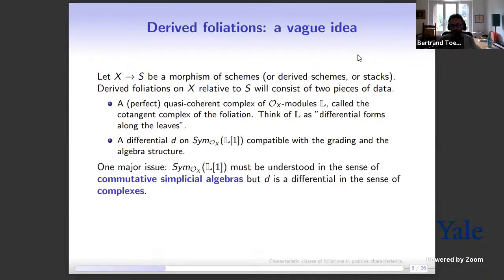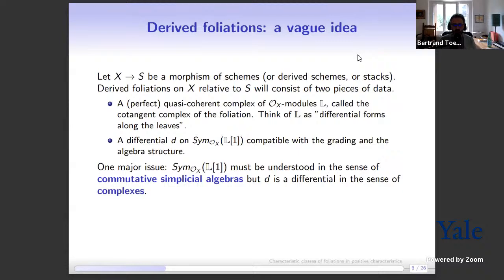So there is a major issue here. If you want to make this precise, the problem you face, and this is typically related to non-zero characteristic, is that this symmetric algebra must be understood in the sense of simplicial rings. Because if you do the symmetric algebra in the sense of commutative DG algebra, this is badly behaved in non-zero characteristic. So on one side, you have this simplicial object, and D is a differential, so it lives more in the world of complexes.